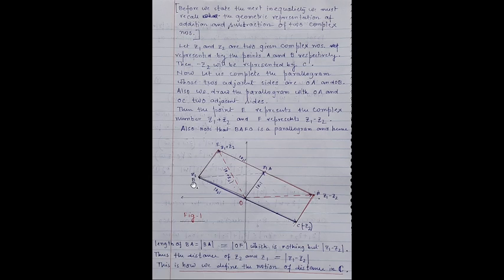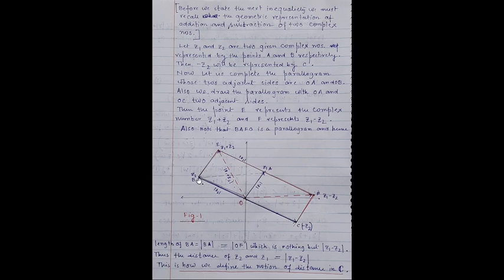Now they can be anywhere, but I have plotted them here just to make the picture clear so that you can visualize certain things. The same picture can be drawn anywhere. It could be a bit complicated to draw, but it can be drawn. All I request is that you learn the method. So suppose z1 and z2 are the two complex numbers given to you, plotted at points A and B.